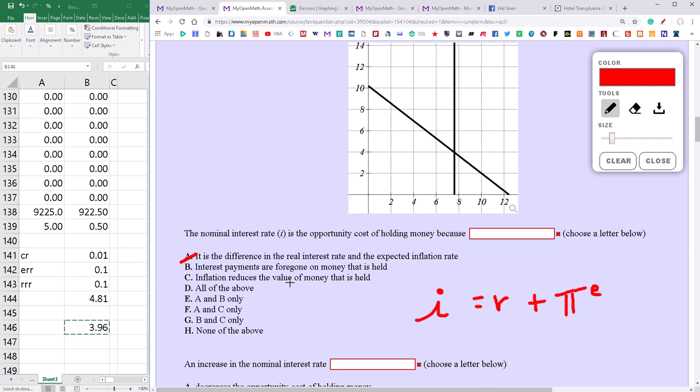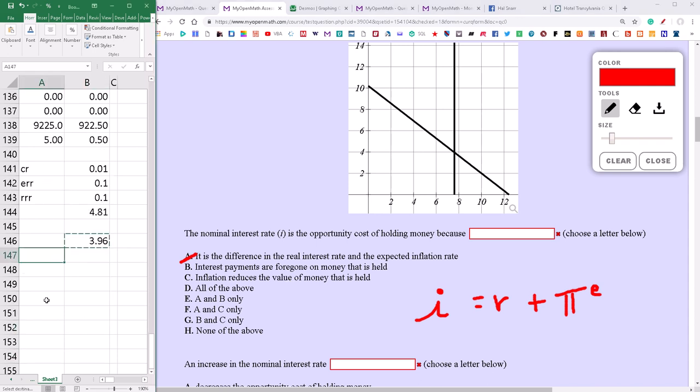And then inflation reduces the value of the money that is held. Yeah, so if you're holding money, just think about this. If you're holding money and inflation is, say, 10%, or say 100%, what happens over the course of a year? What happens to the prices of things? Well, if you hold that money for a year, what's that money worth at the end of the year? Prices have gone up 100%.